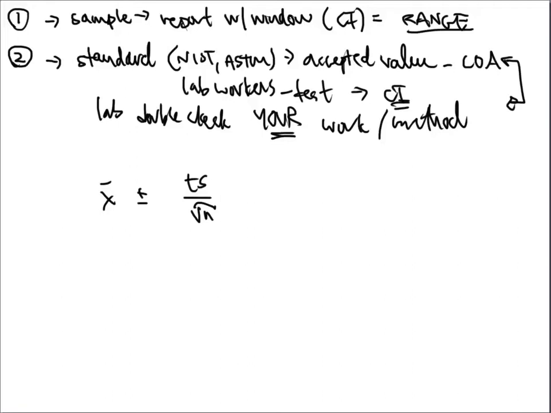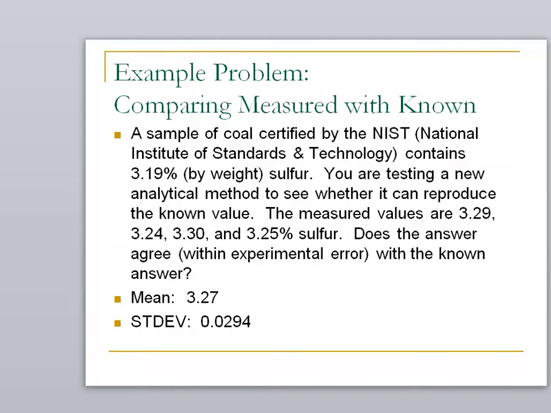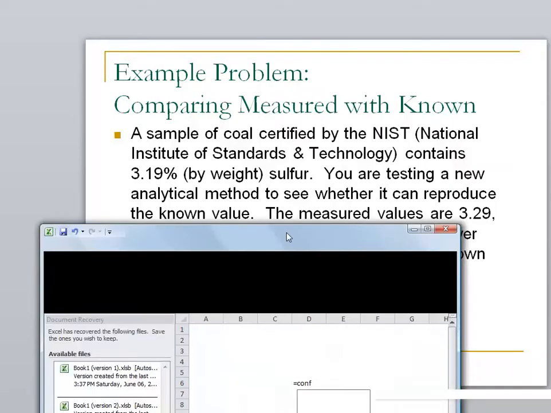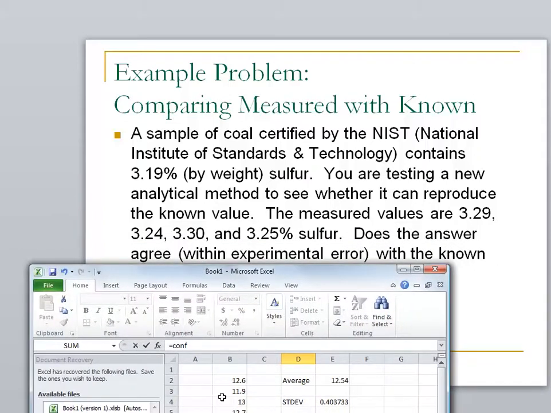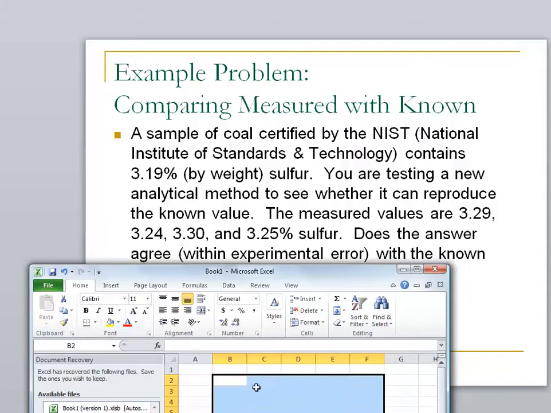All right, well, I need an average here. And the average is listed in the PowerPoint, but again, I will go through and do it all over. So I'll just delete all of this mess. And we've got 3.29 and 3.24, 3.30, and 3.25.